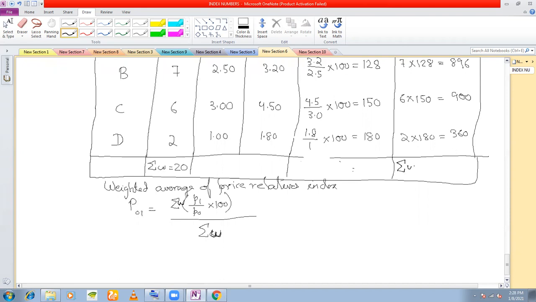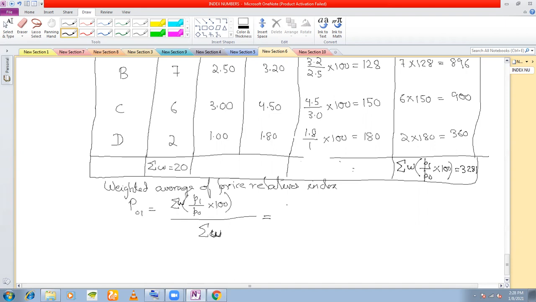You add up this column, you will get 3281. Okay, so now you just put it in this.